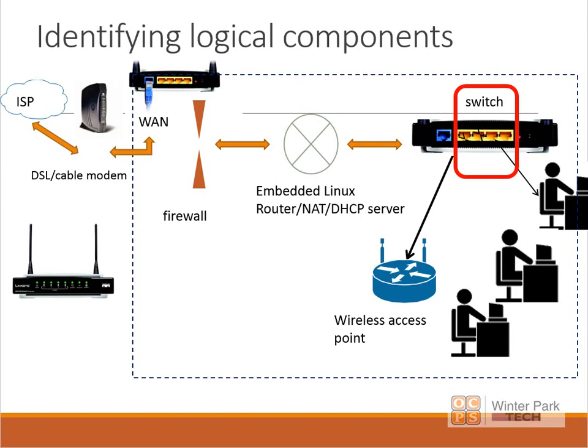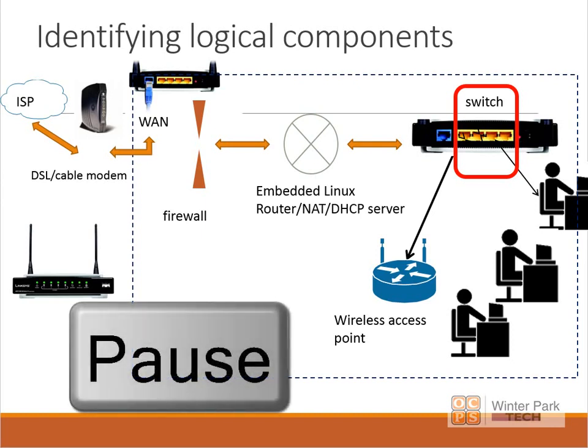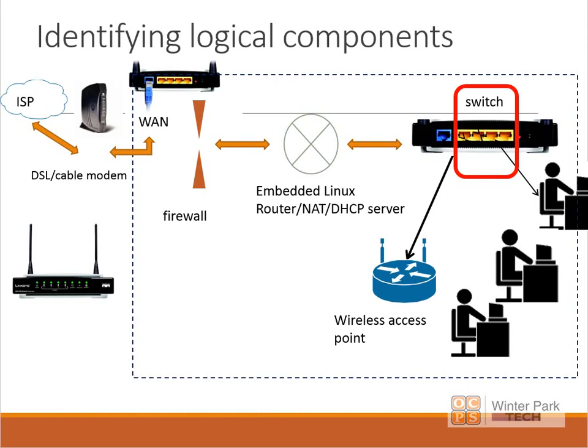But the technician needs to understand all the complexity that's involved. So we're going to break down, and this is a good place to pause and take a look and see how many components do you recognize that are typically found in what we call a home router.